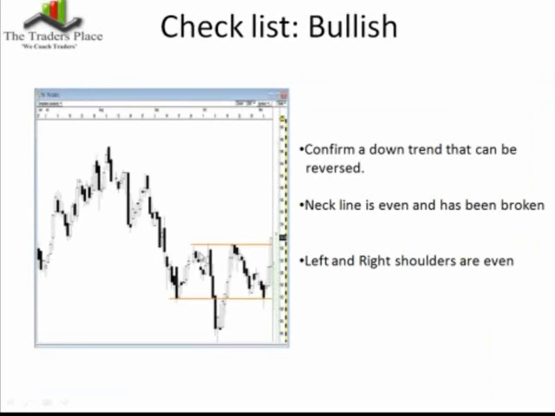The neckline is even. We've got the top orange line there. The neckline is roughly the same price. The left and the right shoulders are also roughly the same price. One of the questions will be, do I use the wicks or do I use the bodies? Now, as far as I'm concerned, whichever one fits the best. So we can see on the neckline, for instance, we've got a spike, so just a price spike up there, but on the right side we've got the bodies.